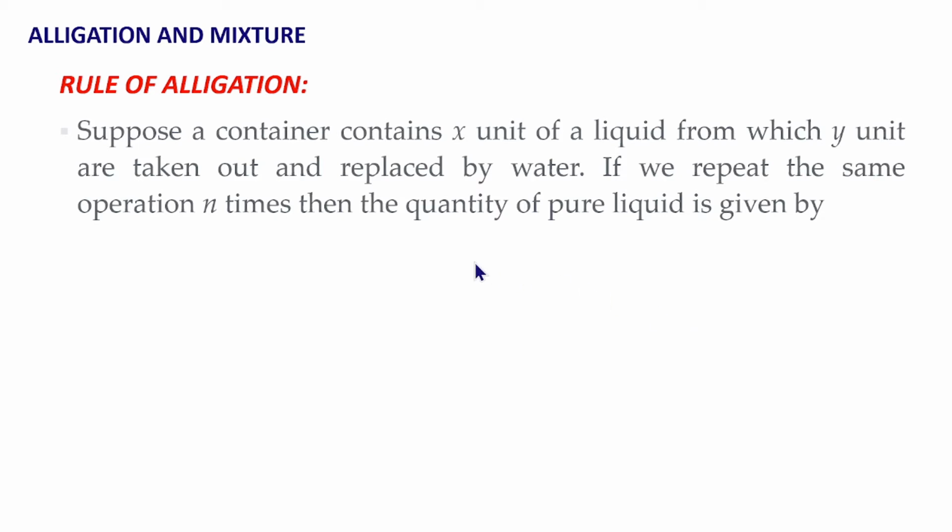If we want to know the actual amount of the original liquid which is left after performing this operation n times, then we can use this rule. The quantity of pure liquid is given by X into (1 minus Y by X) the whole raised to n. How this happens, we will see in the exercise questions.